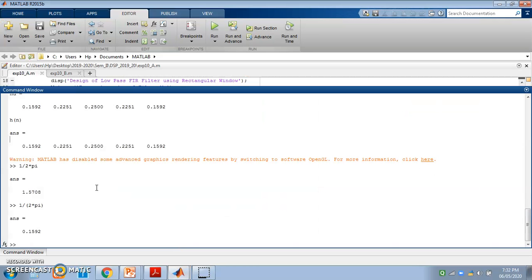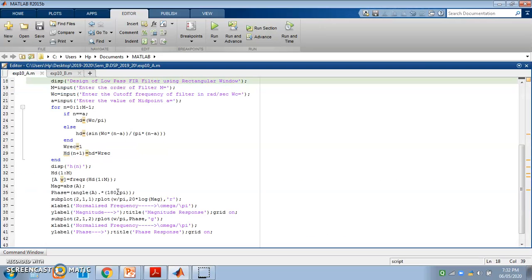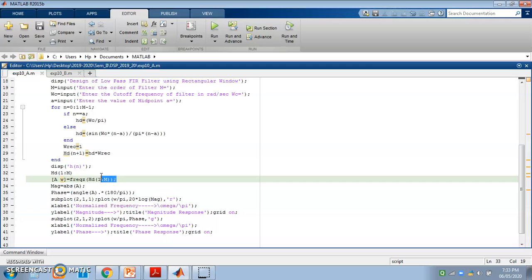Here one can have more details. If we go to the code once again and consider the freqz command, this is nothing but the solution of the Z transform on the unit circle with all the values of frequency, that is omega. So here we can have A with respect to omega.